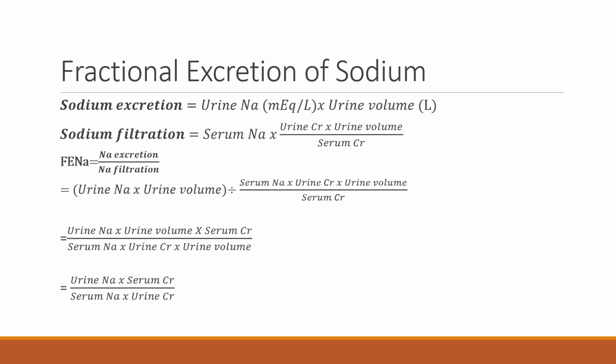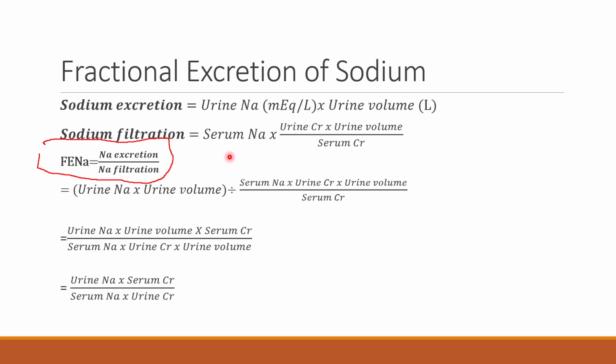To understand it deeply, you have to look at the formula of it. So the formula of the fractional excretion of sodium here is the sodium excretion divided by the sodium filtration. And each of them, the sodium excretion is the urine sodium times urine volume.